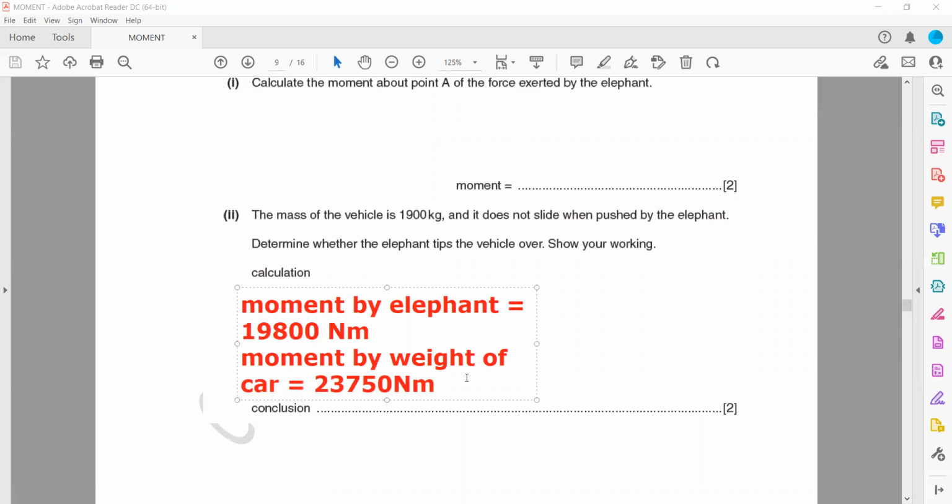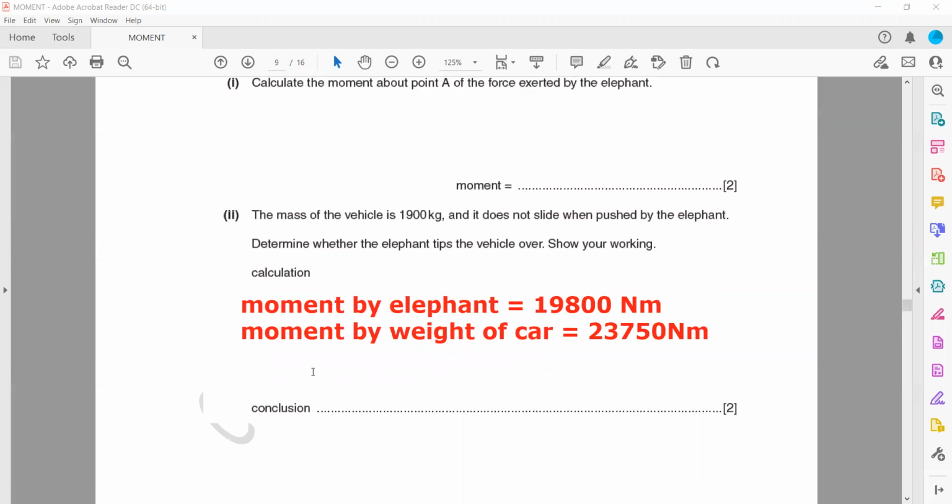So it shows that the moment, or turning effect, due to the weight of the car is more than that of the elephant. So this elephant cannot tip the vehicle.